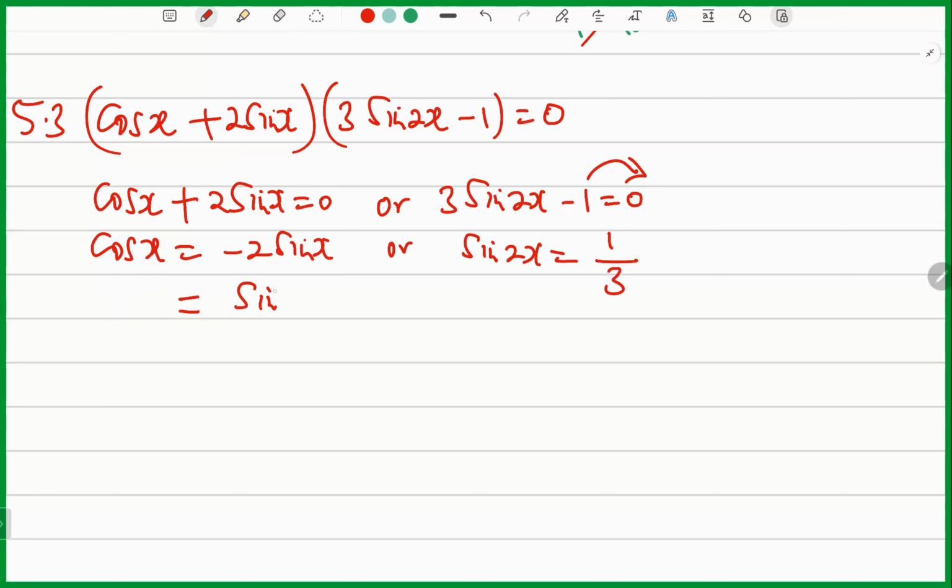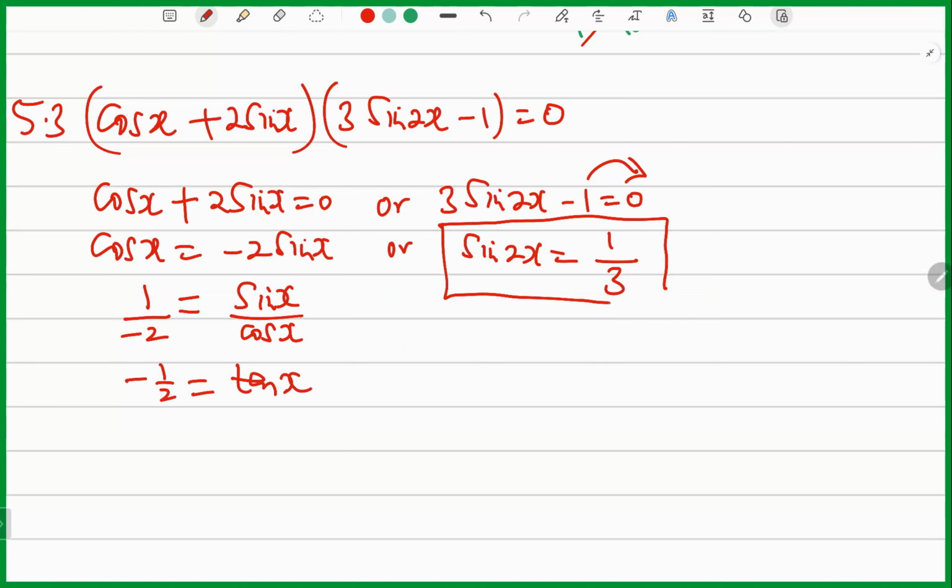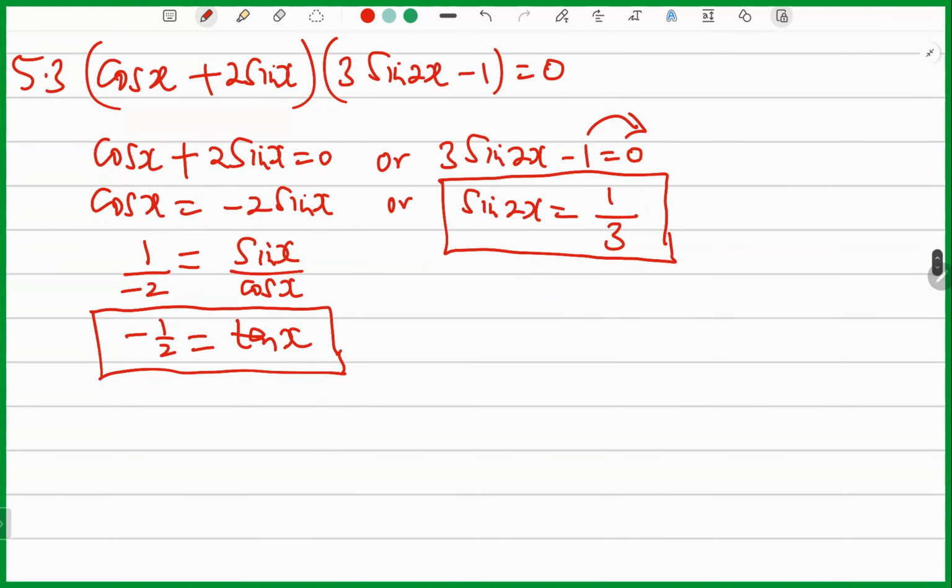You have sin x divided by cos x, and after dividing by cos x you're left with 1 on the other side. You divide by negative 2, giving tan x = -1/2. You'll ask me if you have questions. Okay, so that is what we get.